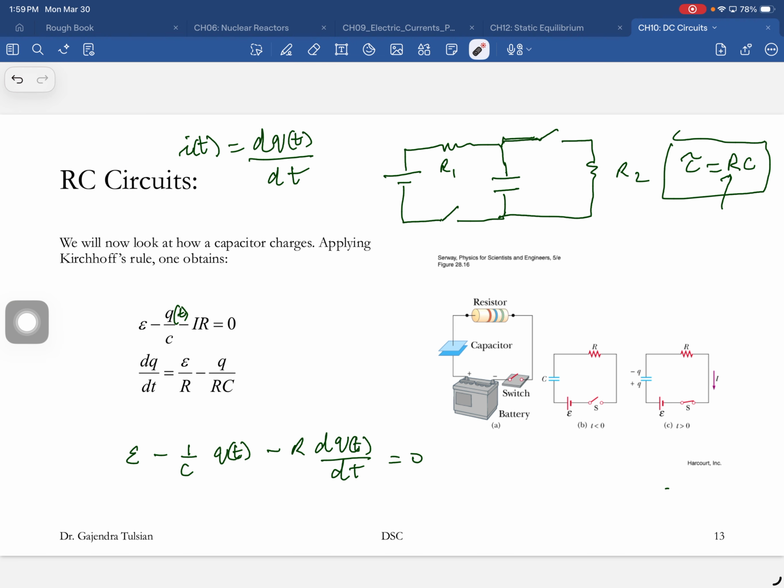So the current is that. There is your differential equation: R times dq by dt plus q over C equal to 0. Here is the differential equation modeling the behavior of this system.